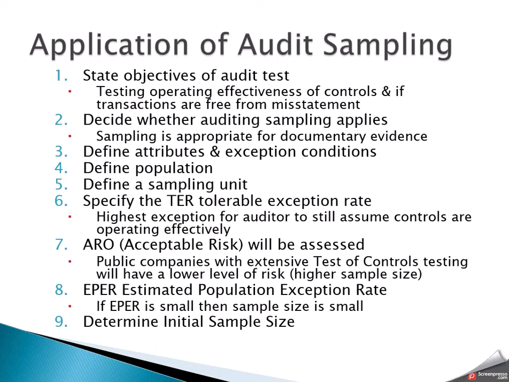Assess the ARO, which again is the acceptable risk of over-reliance. Public companies that do extensive internal control testing will have lower levels of risk that they're willing to assume, so they're going to have a higher sample size. Then we're going to determine the estimated population exception rate, and if it's small, then the sample size is small, and then we'll determine the initial sample size.